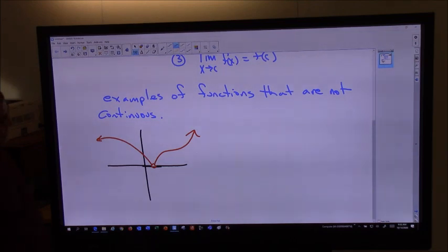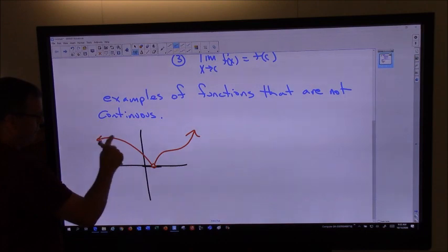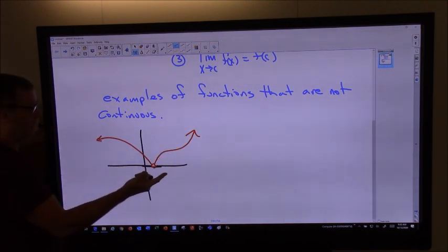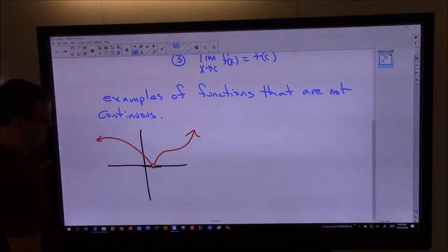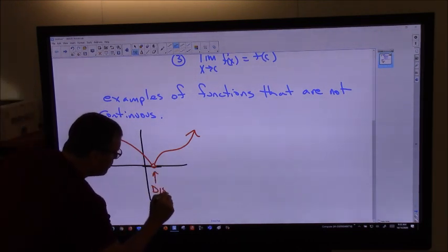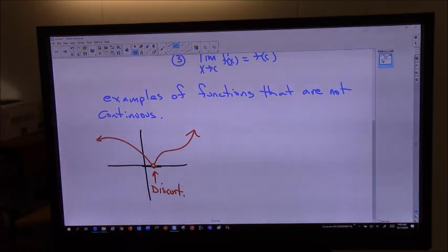Okay, so I would look at that and say there's a hole in the graph right here. I could not draw this function without lifting my pencil, and so it would be discontinuous. There's my abbreviation for that.